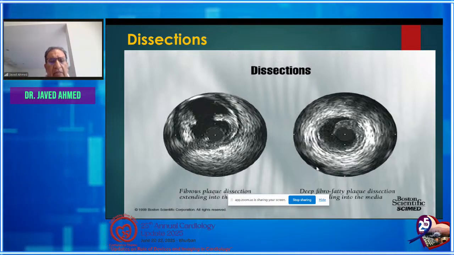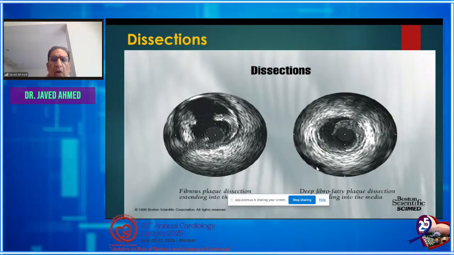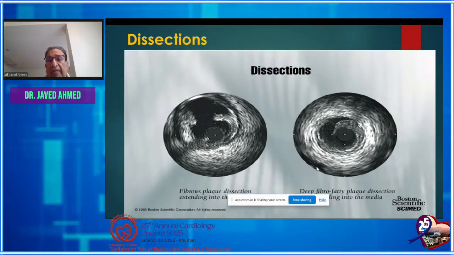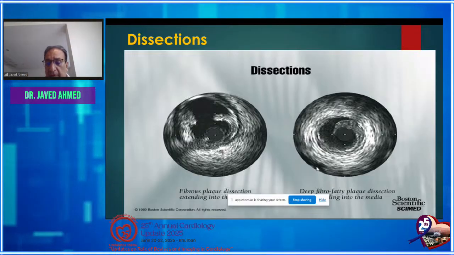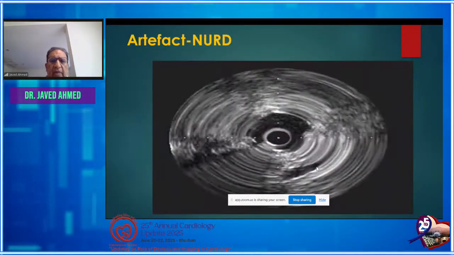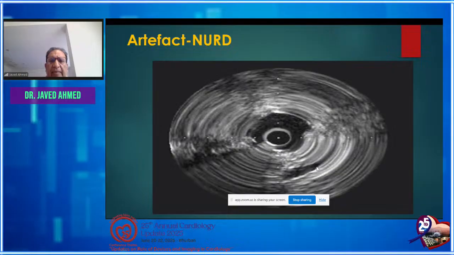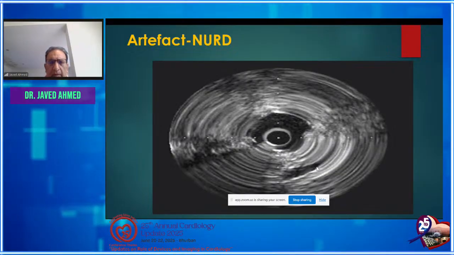A simple way to recognize dissection is when there is a break in the intima, or when the break extends into the media. That is a dissection on intravascular ultrasound. And this is just an artifact, which usually indicates that the catheter is bent. Then you have to use a new catheter.